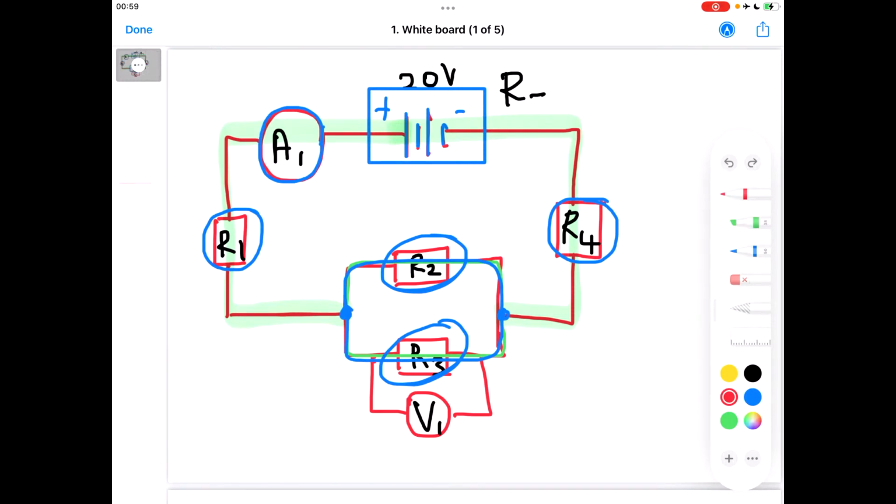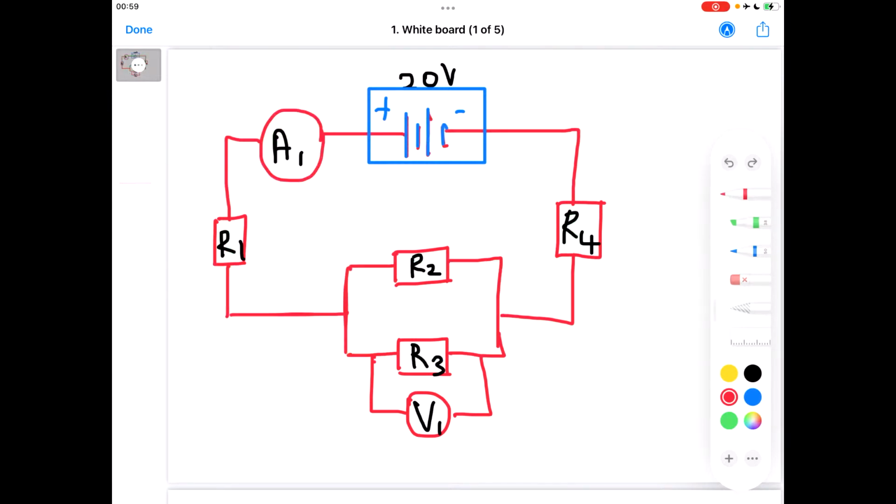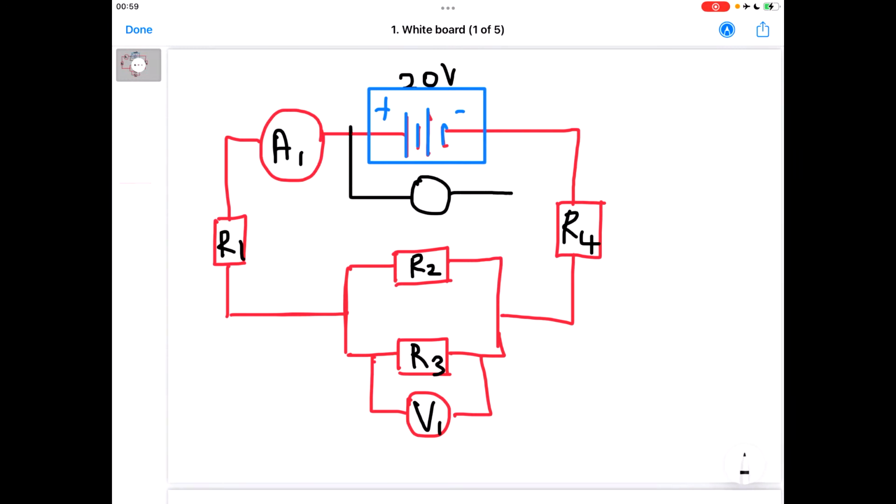Okay, someone might be wondering, what about the V now? What about V? Remember guys, we've got something called V, which is the potential difference. In this case, let's say the V connected across the battery, let's call it V2.